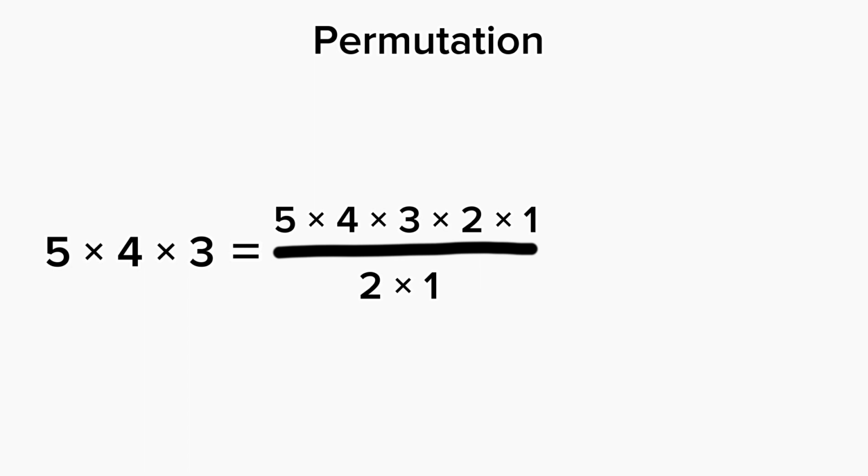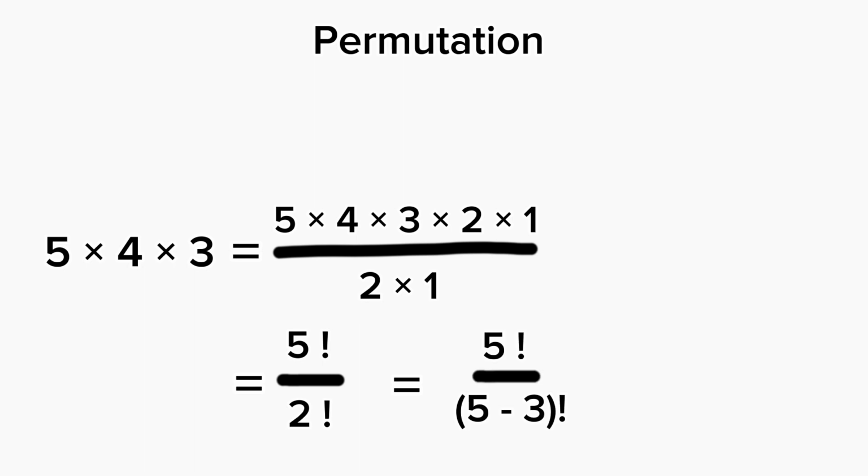It is actually the same as 5 times 4 times 3 times 2 times 1 divided by 2 times 1. It is actually the same as 5 factorial divided by 2 factorial. It is actually the same as 5 factorial divided by (5 minus 3) factorial, where 5 corresponds to 5 balls and 3 corresponds to 3 withdrawals.